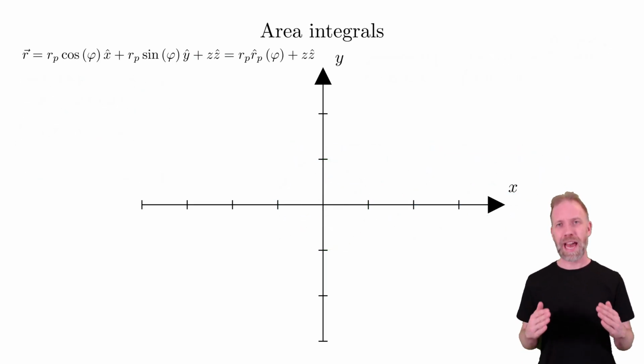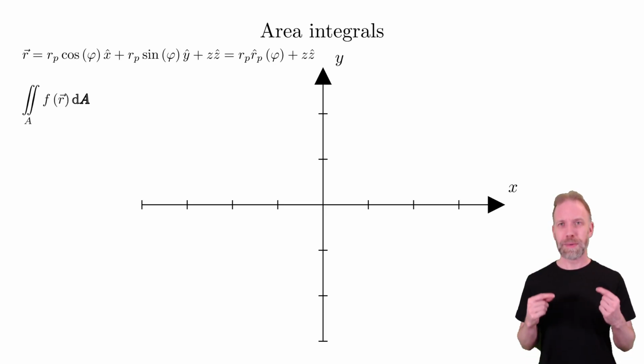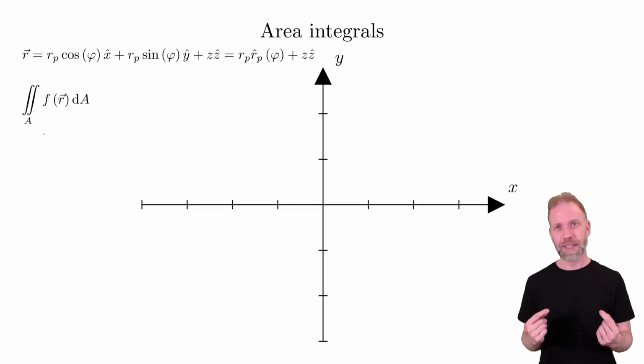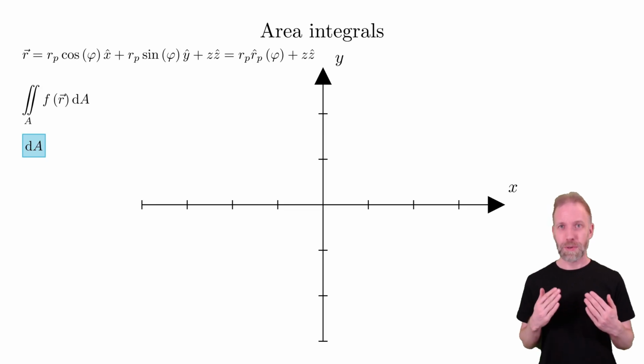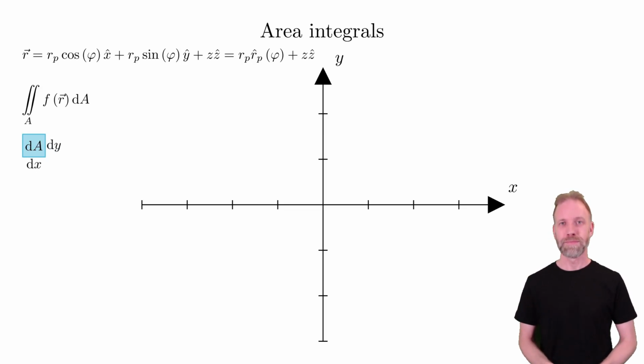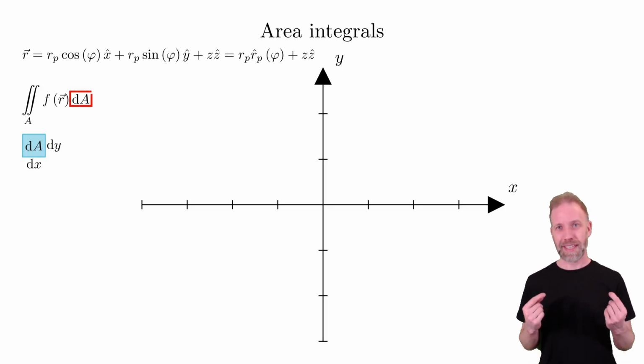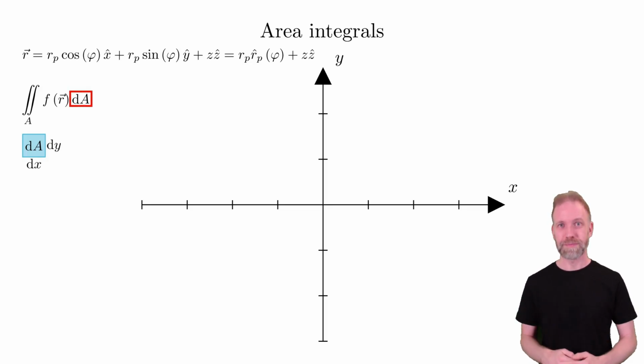Let us continue to area integrals, which we have in two-dimensional space. We can start by integrating a scalar function. In Cartesian coordinates, our area element will be a small rectangle with size dA equals dx times dy. We can therefore insert dx dy into the integral.